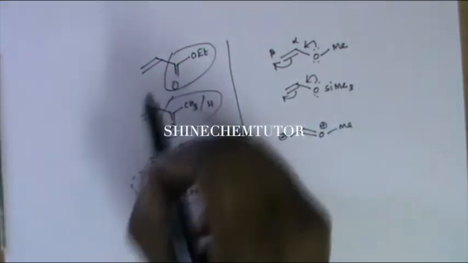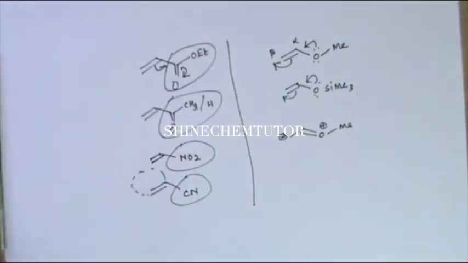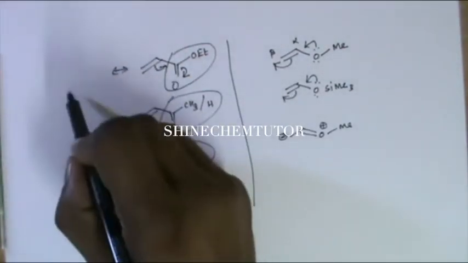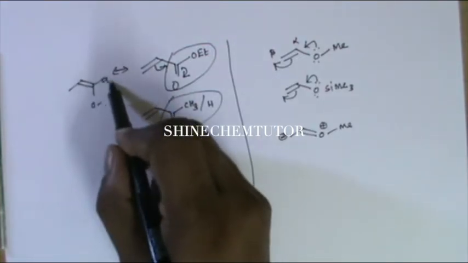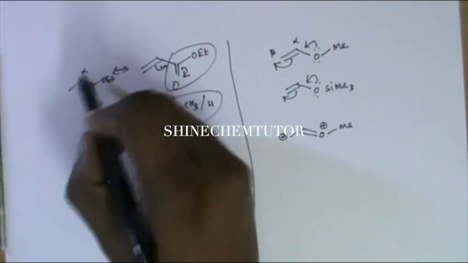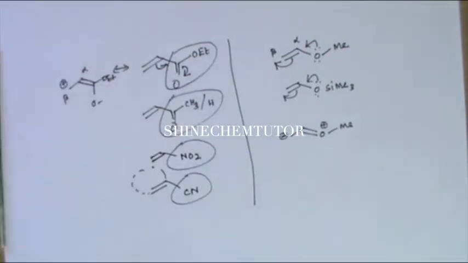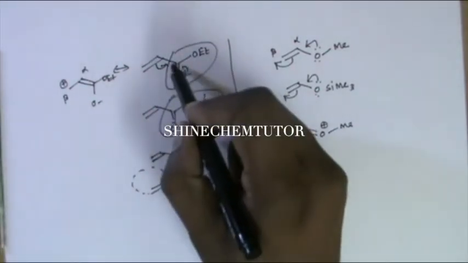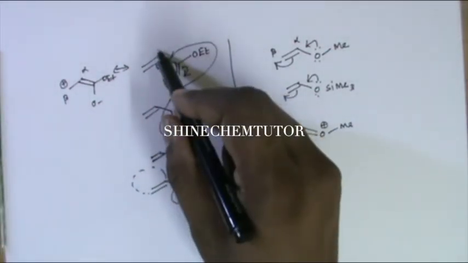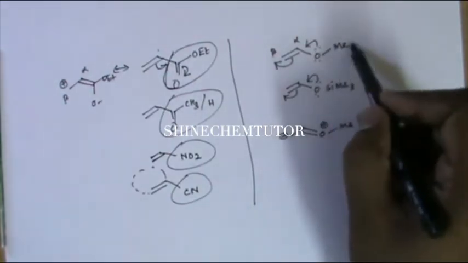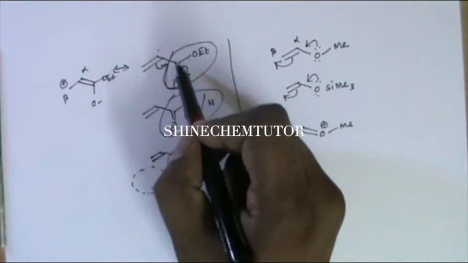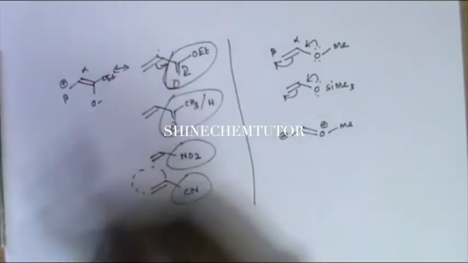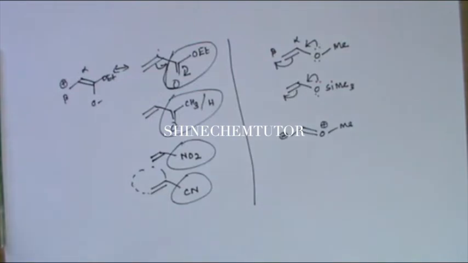But in this case, because of this resonance, we get positive charge on the beta carbon. So since this is the group, we have to consider this as alpha and beta. In this case, this is the functional group, so I go for alpha and beta. In this case, you should not give alpha for this. This is the alpha position and this is the beta position.